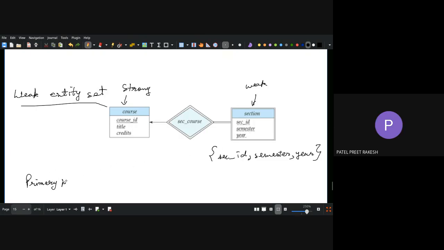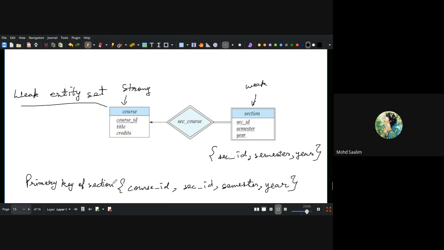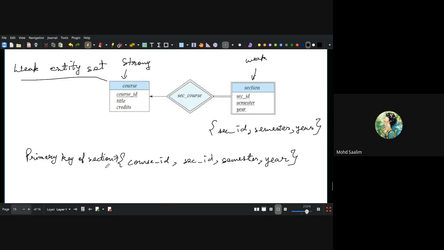Course ID plus the set of these three, like sec ID, semester, and year. So this combination is the primary key of this weak entity set. Primary key of section is course ID, section ID, semester, year.